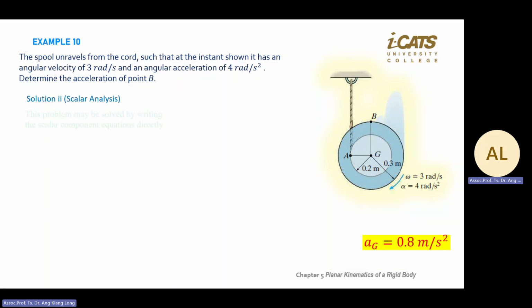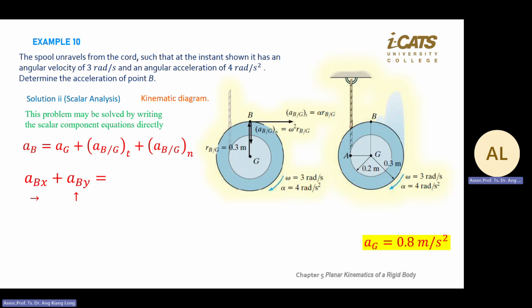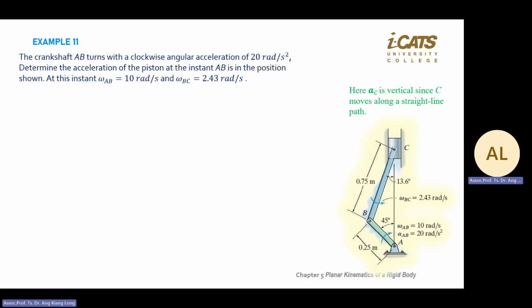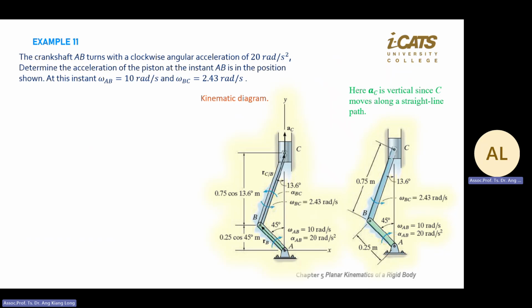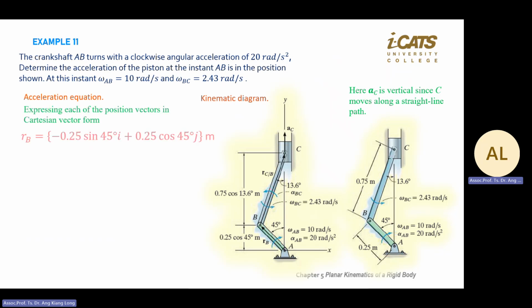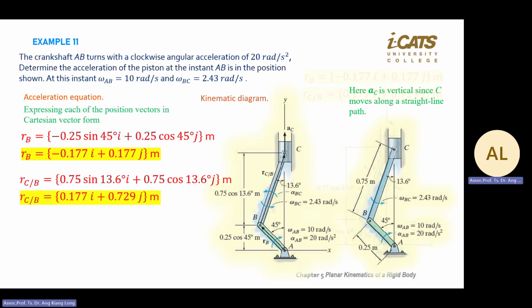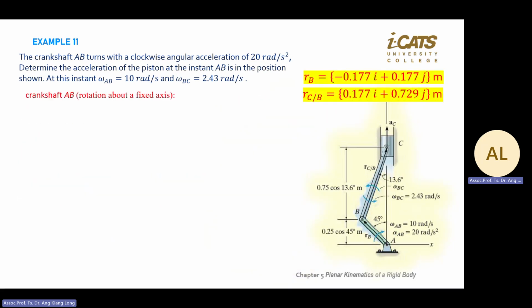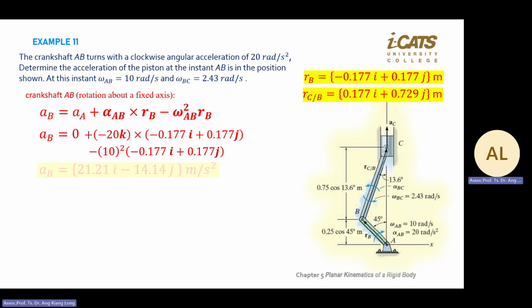It's quite lengthy, but two methods are given: one is called scalar, one is vector analysis. This one also have a look. Example 11 also. I think this one is in your assignment, but I'm not sure, so have a look.